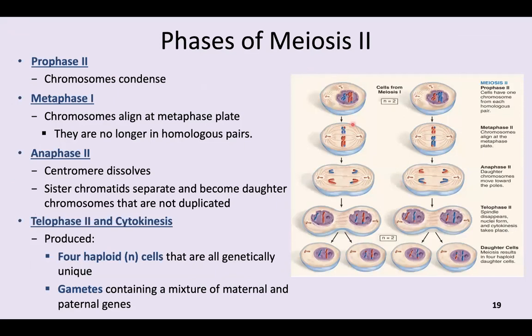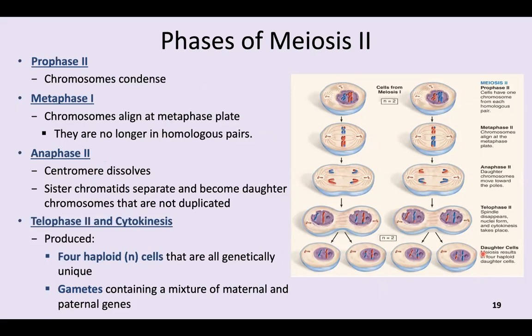And then they align at metaphase 2. They are no longer in homologous pairs, they don't have their partner anymore. Right, so in anaphase 2, the centromere dissolves and sister chromatids separate and become daughter chromosomes. In telophase 2 and cytokinesis, lastly they produce 4 haploid daughter cells that are genetically unique.